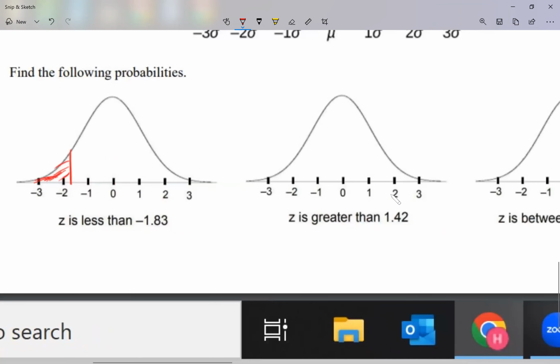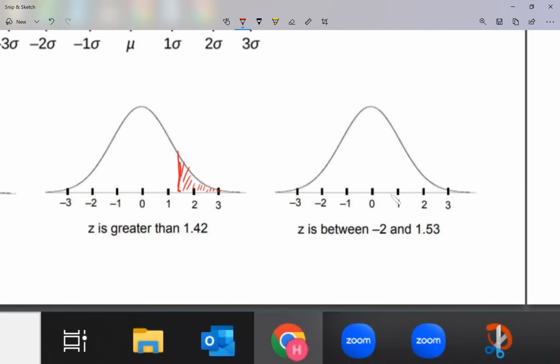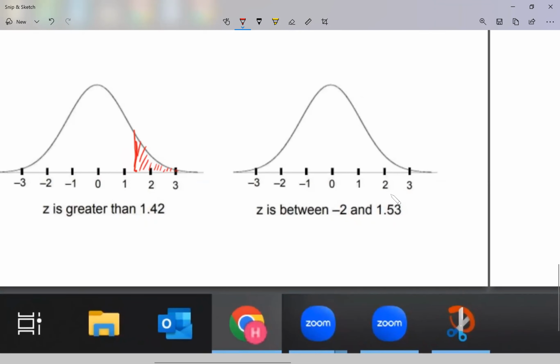On my second example, Z is greater than 1.42. 1.42 will be about here, so I'm looking at something like this. Again, I'll come back to get the answers on this.